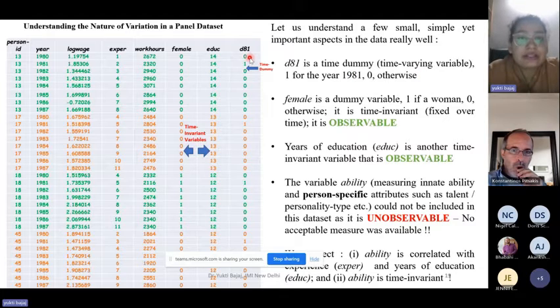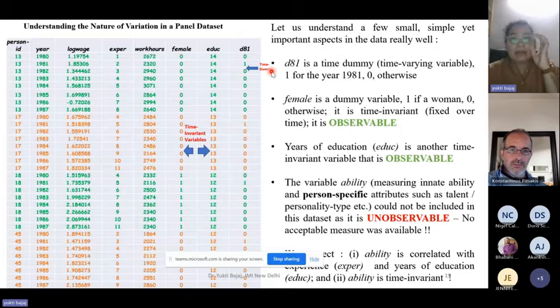That means if it is 1980, the value is 0. If it is 1981, the value is 1, and so on. This dummy places the value 1 for only 1981. Apart from 1981, the values are 0. But if we look within one cross-section unit, it is varying according to time. So this is a time variant variable.